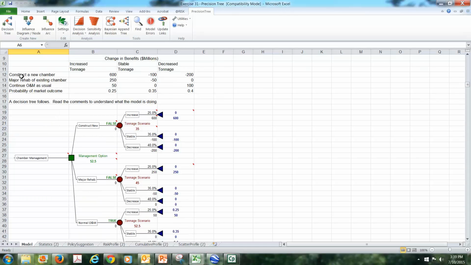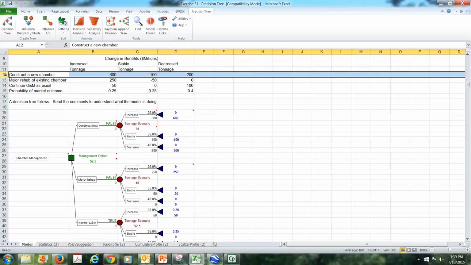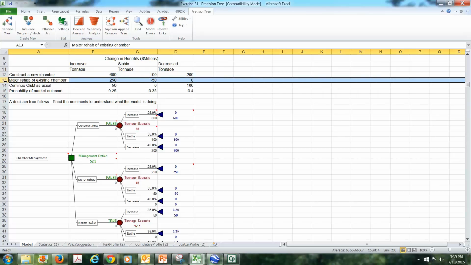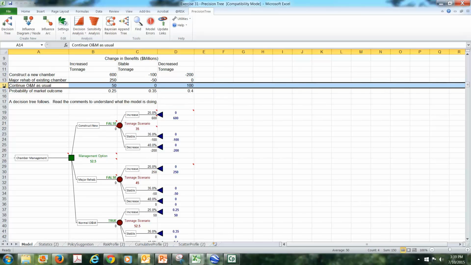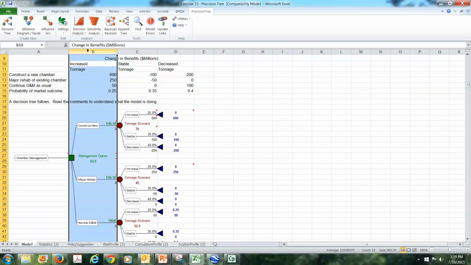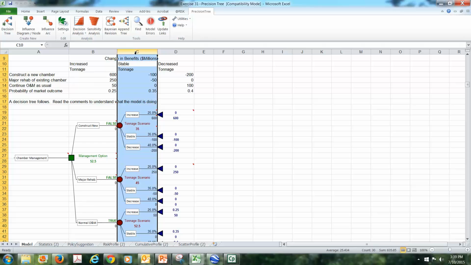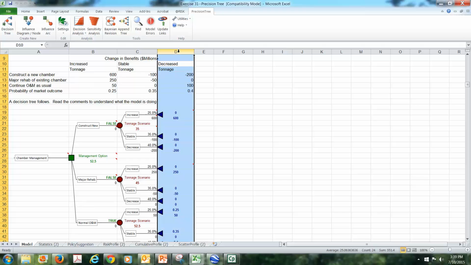So we come on over here, and I have the 3 decisions: construct a new chamber, major rehabilitation of the existing chamber, or continue operation and maintenance as usual. Now we have 3 different states of the world here. One is, suppose in the future there is increased tonnage, or suppose tonnage stays stable, no change from what it is today, or tonnage could actually decrease.